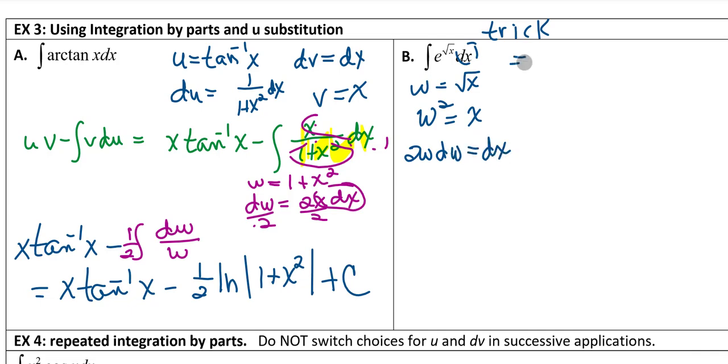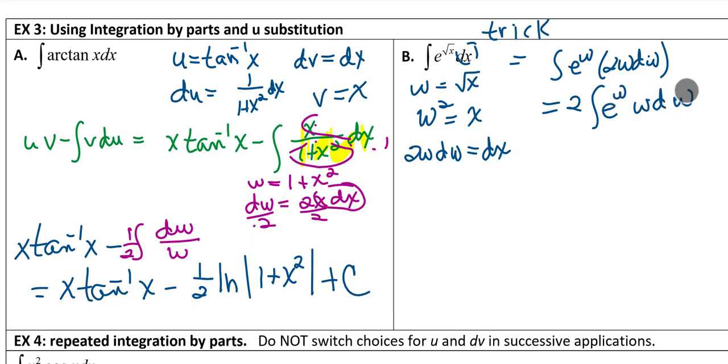So our integral now looks like this: e to the w times 2w dw. All we did was a bit of substitution there. Okay, so simplifying this a little bit, let's take the 2 out, and then we have e to the w dw. So now we can do our integration by parts with w.